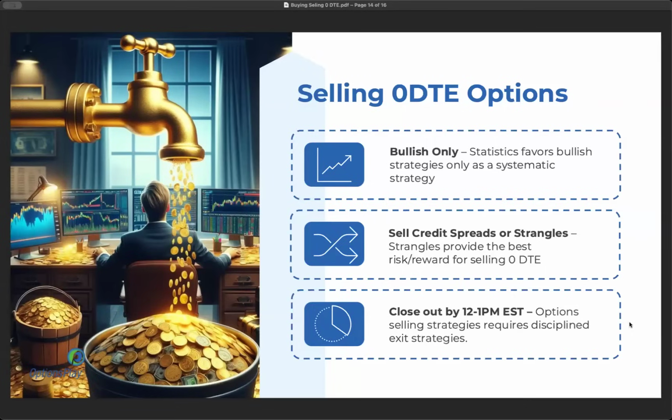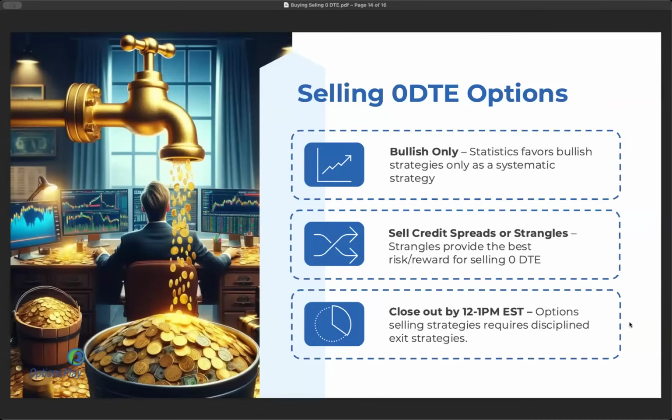So what you're doing is capturing that accelerated time premium on a part of the day. Especially between 10 and 12, that tends to be a quieter time in the markets. You tend to have smaller moves, so that when you close it out by 12 p.m., we tend to see bigger swings going into the close. When you're playing with around 12 times more leverage with a shorter dated option than a longer dated option, that 12 times leverage can really hurt you as an option seller going into the close.